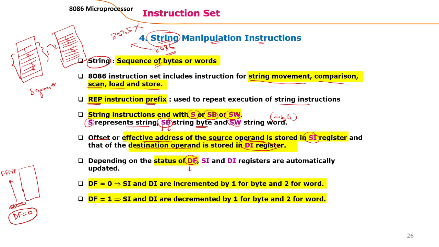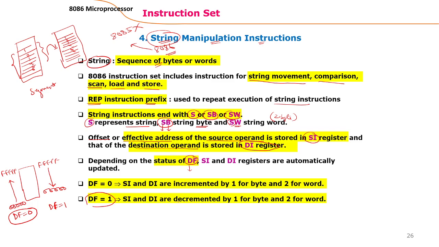Similarly, if the direction flag value is 1, the operations will be performed such that the address will be decreasing. That means it moves from higher to lower address.